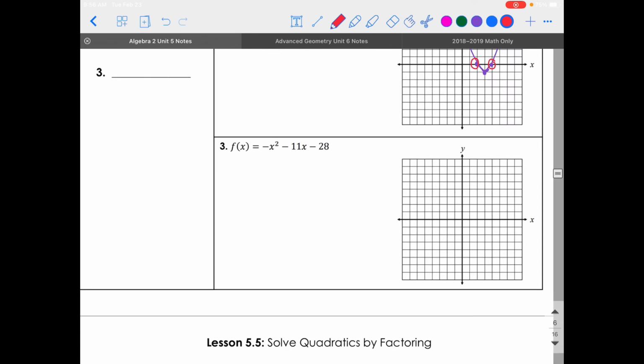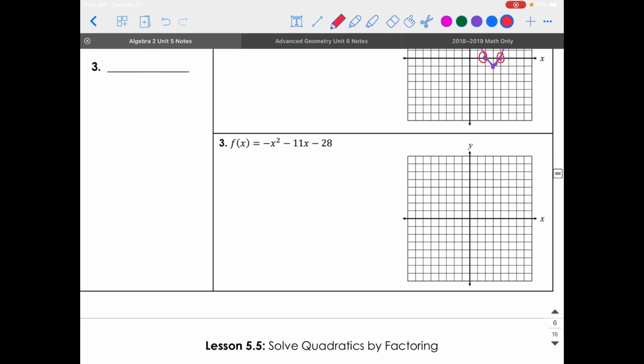All right, number 3. Follow along. Let's go to y equals. Now remember, you always have to clear out your equation. And then we're going to type -x squared minus 11x minus 28.